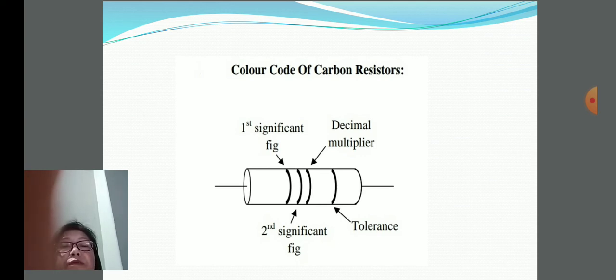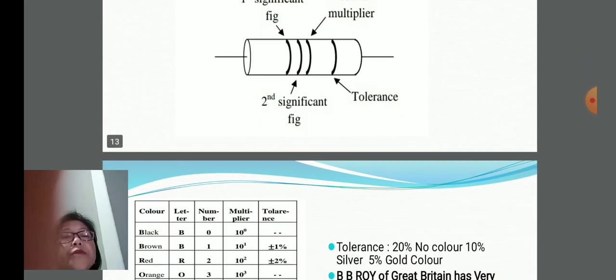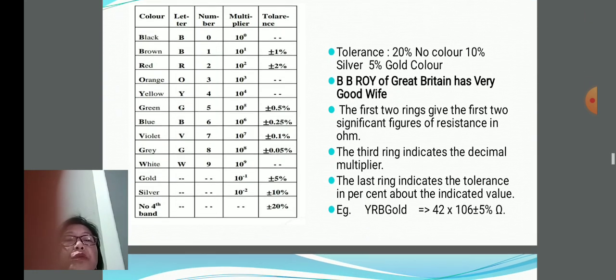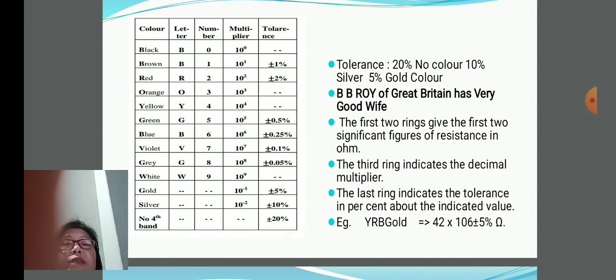That will be the first significant figure. Same as the example I had said, if the first figure comes out to be yellow, then yellow indicates 4. The second significant figure, the second ring, is red, so it will be 2, and the third ring is blue, then it is the multiplier, so it will be 10 to power 6, 42 into 10 to power 6, and the fourth ring is gold, plus minus 5% tolerance, like that.